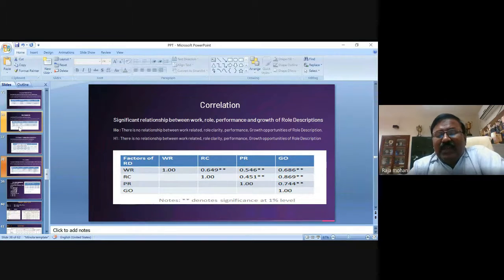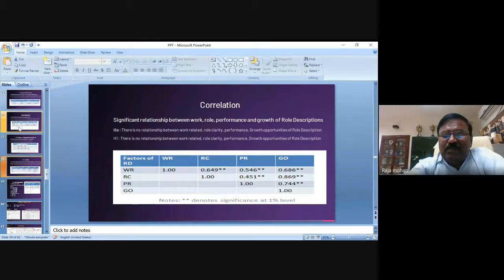And how are these variables correlated? This is a matrix. The first one is concerned with this one. The second one is concerned with RC, where we have 1, and how RC is correlated with WR, this much percentage.